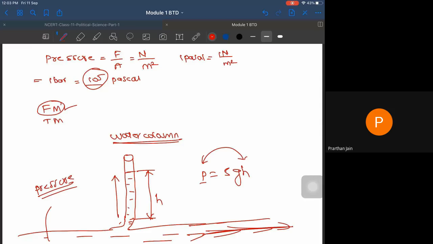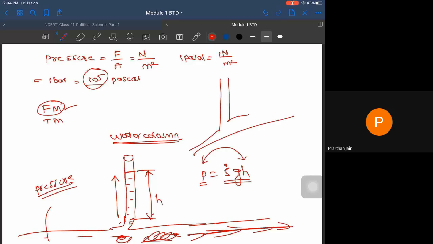The pressure of the fluid flowing inside the pipe can be calculated as rho GH, rho being the density of this particular liquid. That is how you can relate the height of the water column. It need not necessarily be the water column, it can sometimes be the mercury column also.